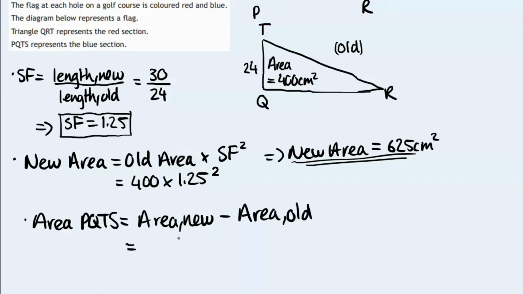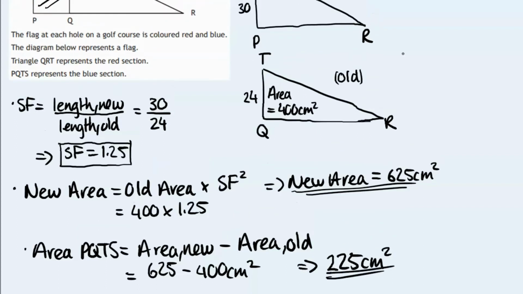So we calculated 625 centimetres squared, and we're taking away 400 centimetres squared of the smaller triangle. So what does that give us? That gives us an area of 225 centimetres squared.